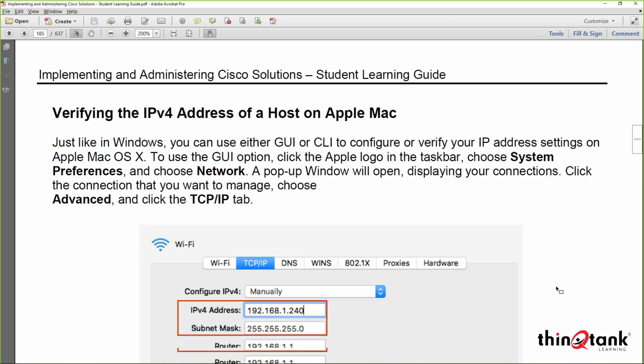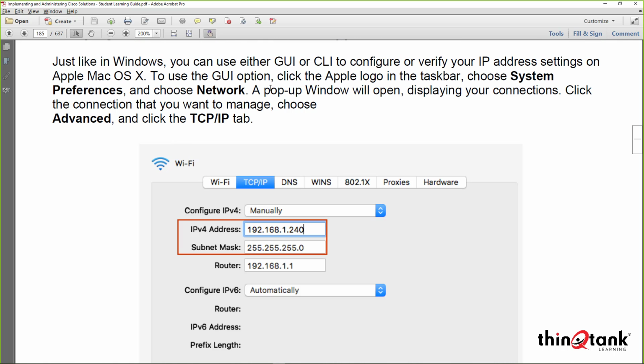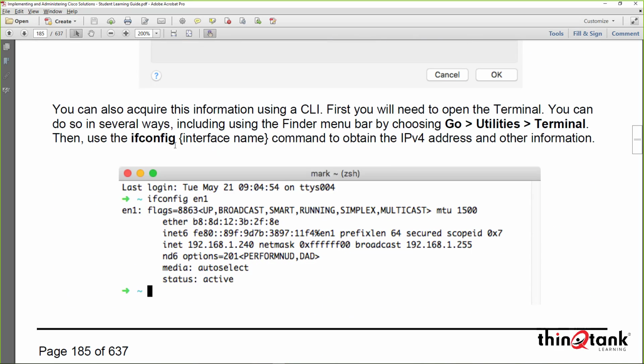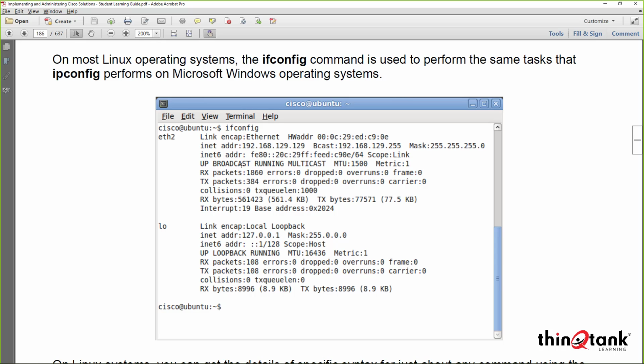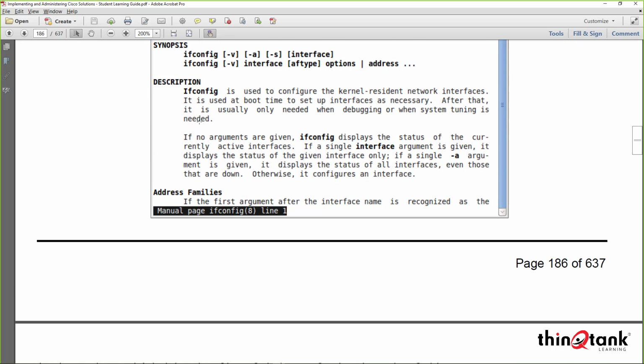On an Apple Mac, same thing, TCP/IP tab under system preferences and network, or we can use ifconfig in the command line or terminal application. On a Linux host, we use ifconfig as well. There's also some GUI options too. Or we can use manual commands, man ifconfig, and so on.